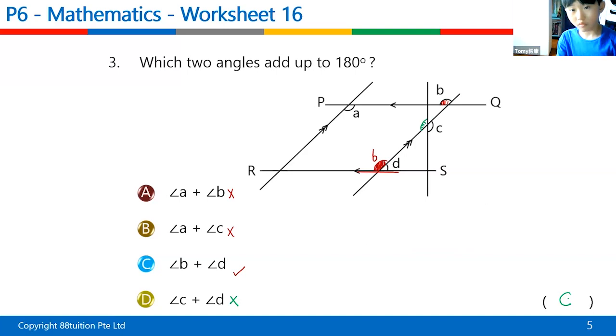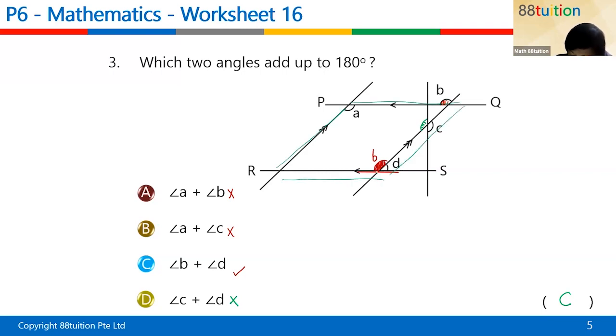P, Q, R, and the other place. Are you referring to this one? Yeah. But then only this and this add up to be 180, right? Only B and D, right? Correct. So this one cannot.